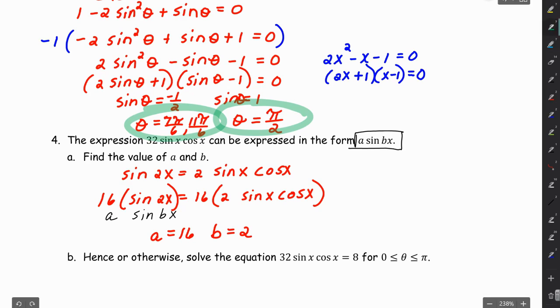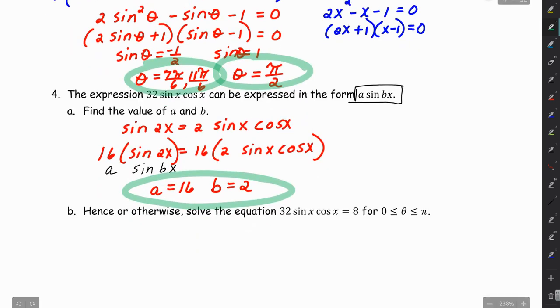Now, the only way you would know how to do some of these problems is through practice. You're going to have to get used to seeing these and get comfortable with them, and this will get easier. Now, the next part says, hence or otherwise, solve the equation 32 sine x cosine x equals 8, and we're doing that between 0 and pi, which means the first and second quadrant.